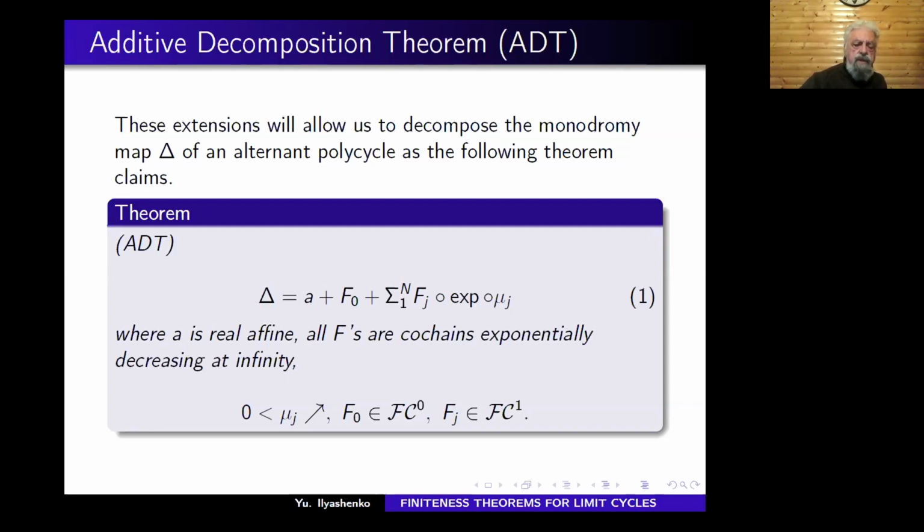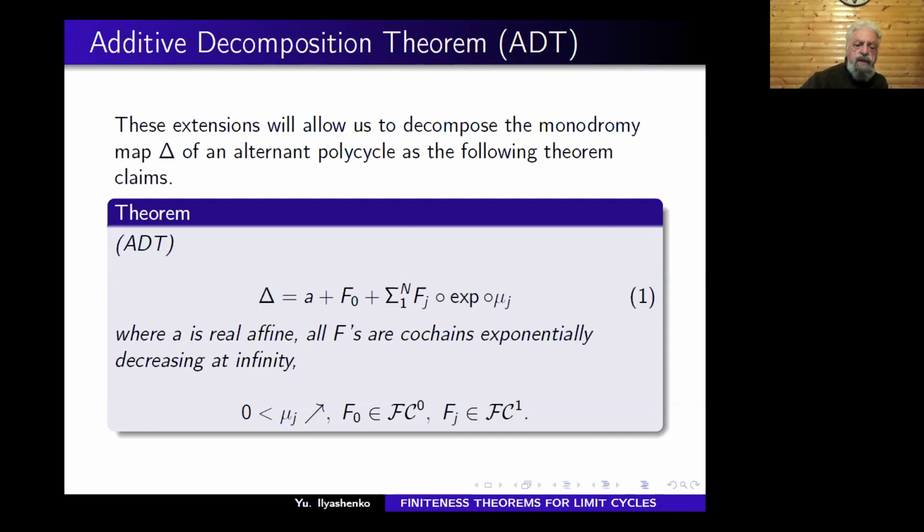It is the sum of the affine map, a map F0 from the class FC0 of functional cochains, and a finite sum of the compositions of the cochains Fj of the class FC1, exponentials, and multiplications.